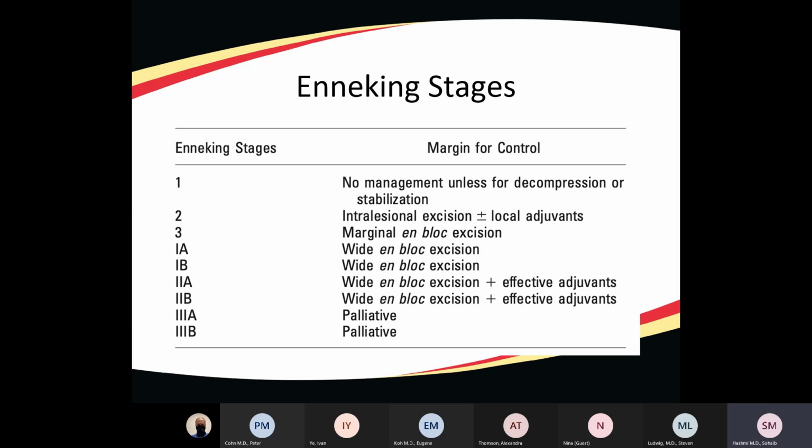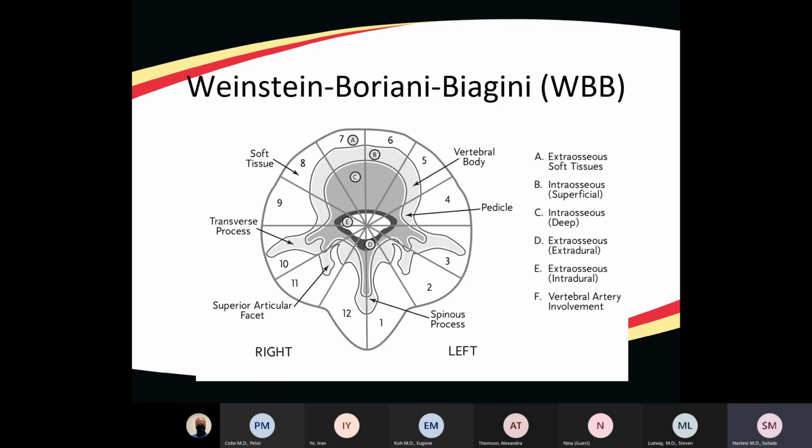And so because of these features, this Enneking stage of tumor classification was built upon with the Weinstein-Boriani-Biagini classification, which divides the stage of spinal tumor with its unique complexity specific for the spine.